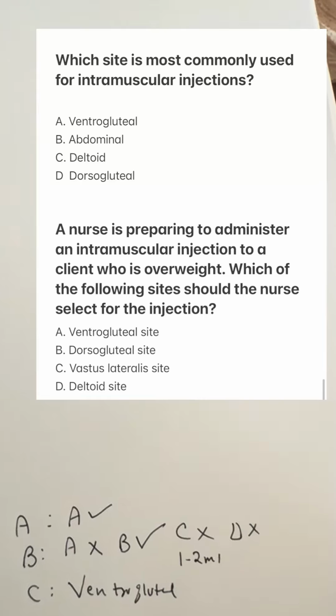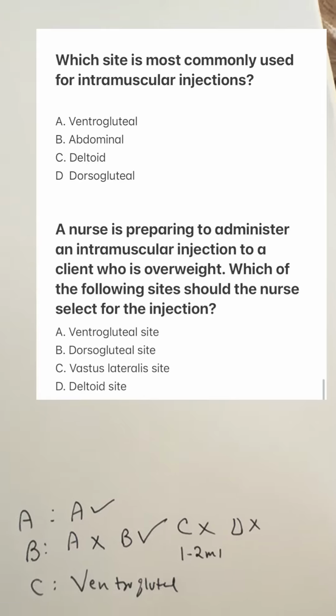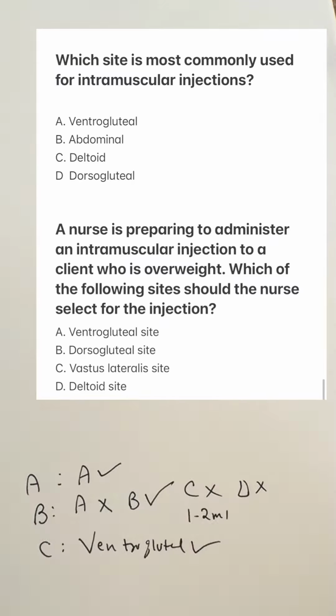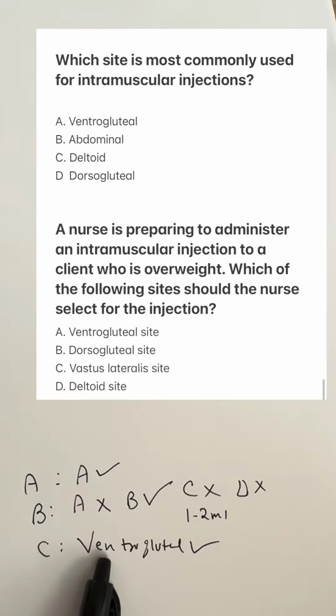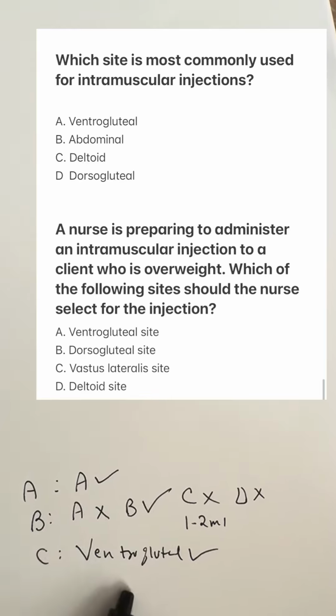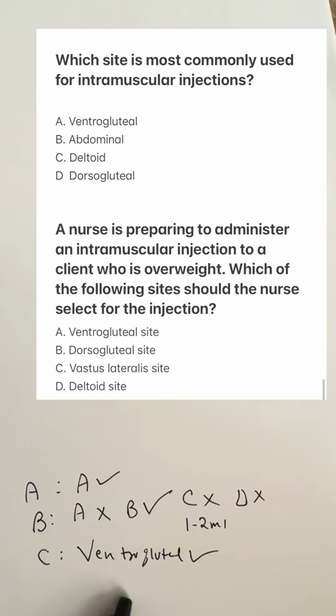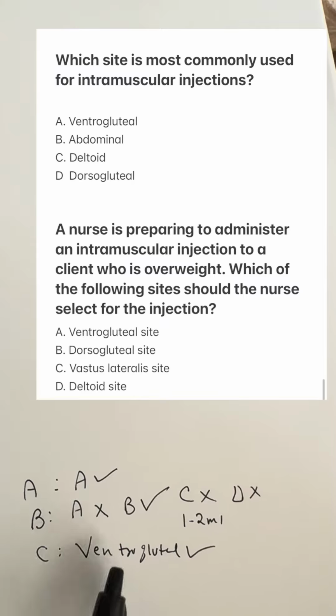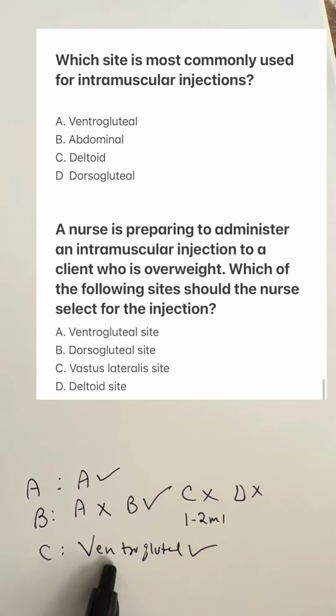The deltoid you can give, but the most commonly used is ventrogluteal. So when you see ventrogluteal during your exam, pick it immediately. If you see ventrogluteal and at the same time option vastus lateralis, you should always go with ventrogluteal. This is the most common site to give an intramuscular injection.